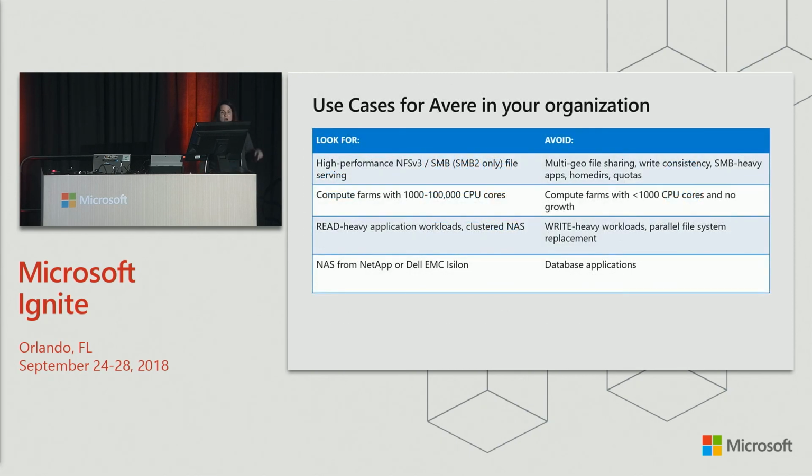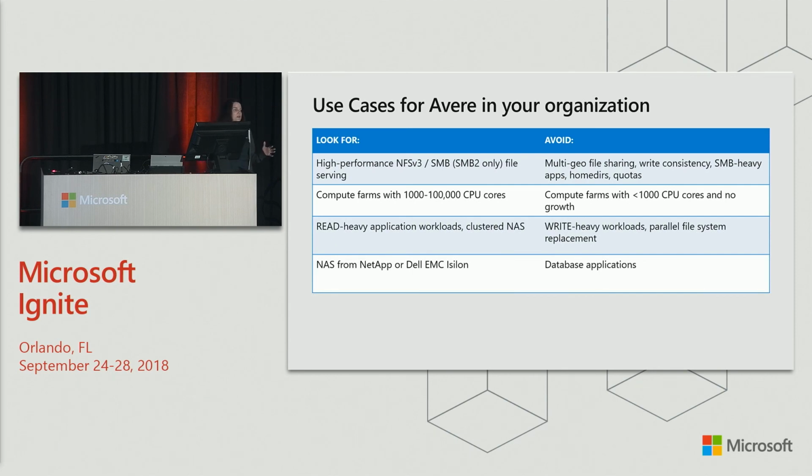If you have HPC applications within your organization, here are the things you need to look for. Does it support NAS protocol? So not SAN, not anything else. It's got to support NFS v3 or SMB. File serving: we're not looking for anything that has a lot of users attached to it, like home directories, which are not a great fit.